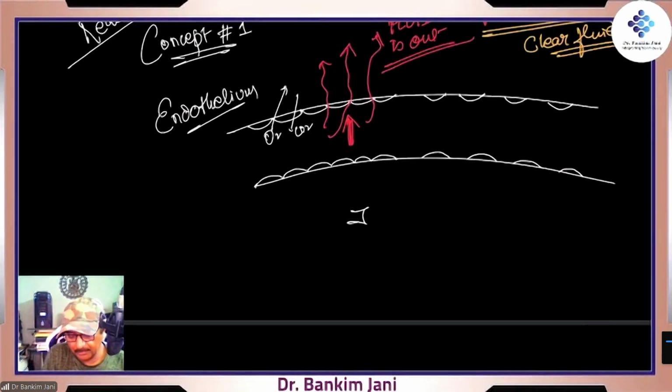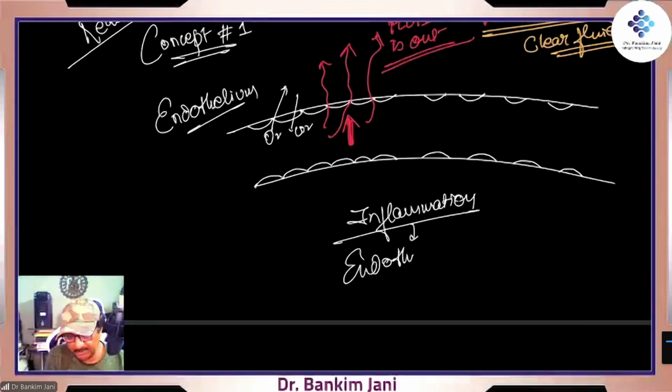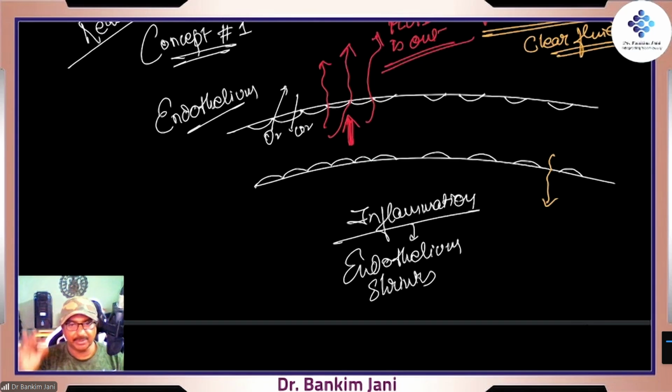In case of inflammation, the endothelium shrinks. Now, by simple logic, what should really happen? Not only the fluid, the fluid will come for sure, but the cells and protein, everyone will start running out, because there is so much space.